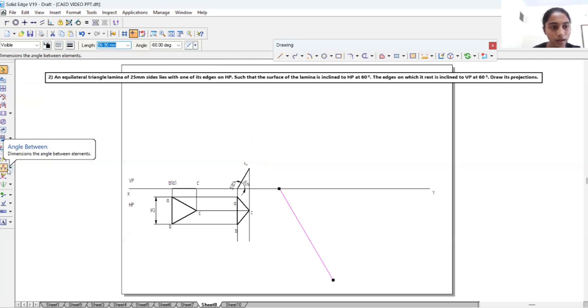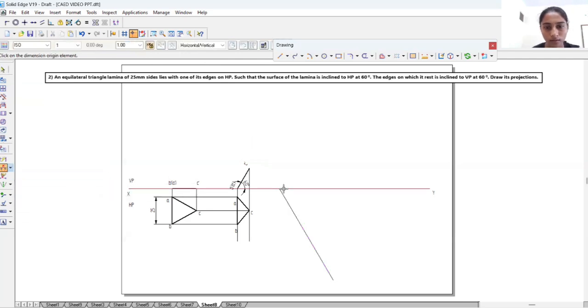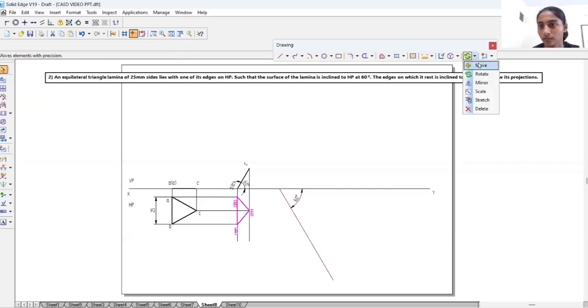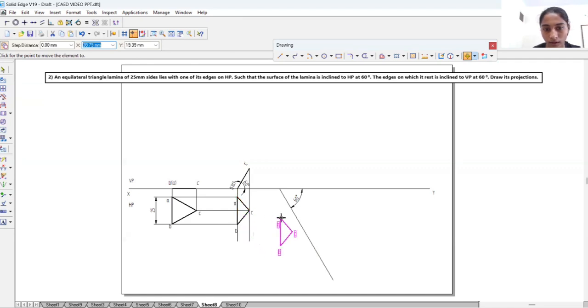We will measure the angle, from here to here, 60 degrees. Now we will copy this triangle onto this line, so we choose the line option and the move option, select one edge and paste it on it.